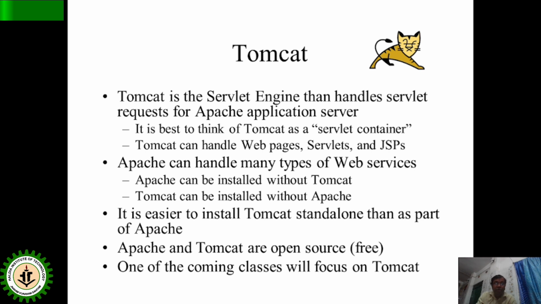As a servlet container, Tomcat handles web pages, servlets, and JSPs. Apache is the web server, and the web container handles web pages, servlets, and JSP. Apache can handle many types of web services. Apache can work without Tomcat, and Tomcat can work without Apache. It is easier to install Tomcat standalone than as a part of Apache. Apache Tomcat is open source.